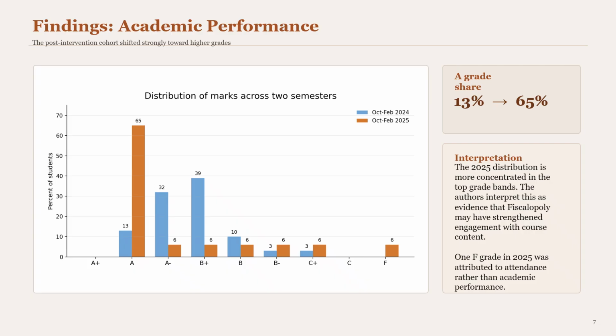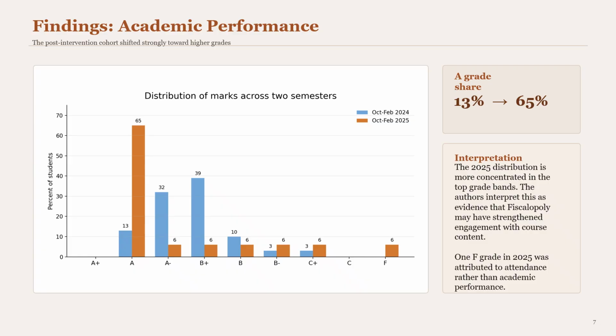The paper interprets this shift as a sign that Fiscalopoly may have strengthened students' engagement with the course content and helped students understand the material more effectively. At the same time, it is also important to remain careful in interpreting the results.